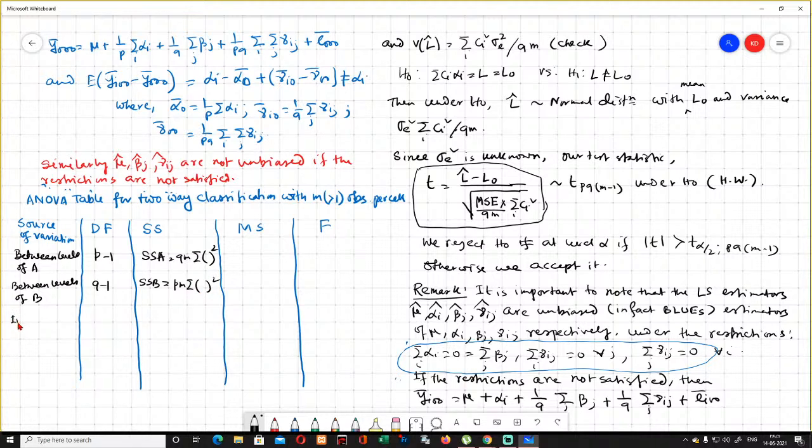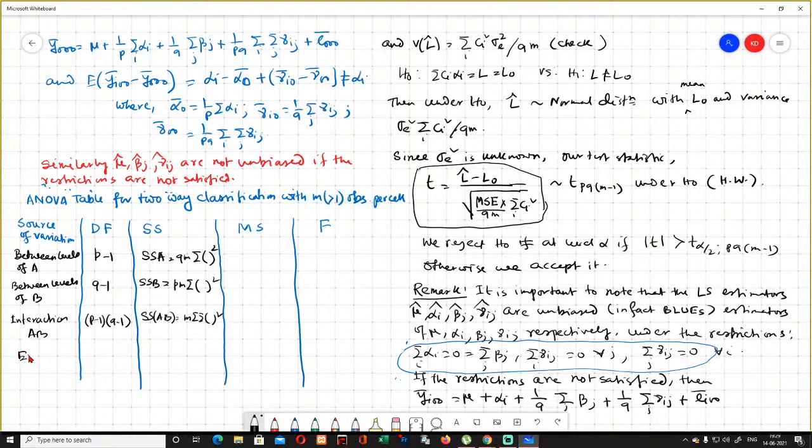Interaction AB has degrees of freedom p minus 1 times q minus 1, and SSAB. Just write the expression here.